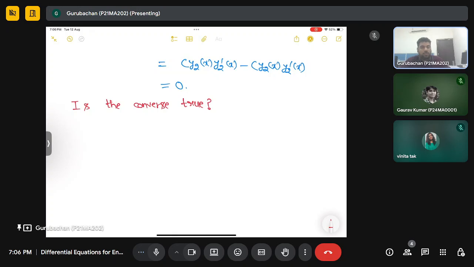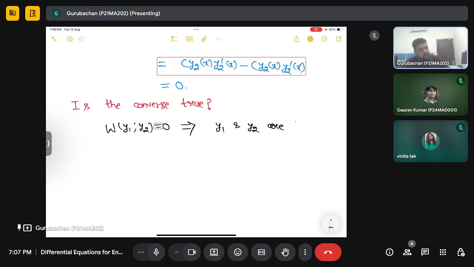If I would write it properly, W(y1, y2) is 0 will imply that y1 and y2 are linearly dependent.